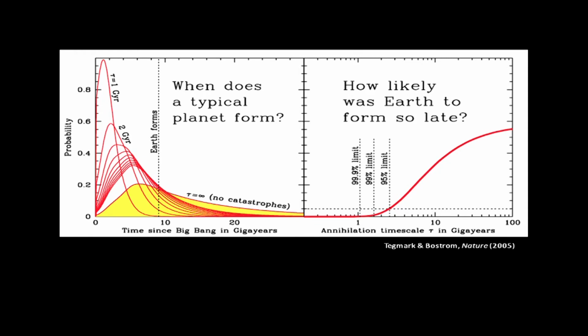Now, we know something about the distribution of planets in the universe, including Earth-like planets with the right metallicity and so forth. And we know that the Earth is not particularly atypical in this distribution. Earth is not an extremely early planet.